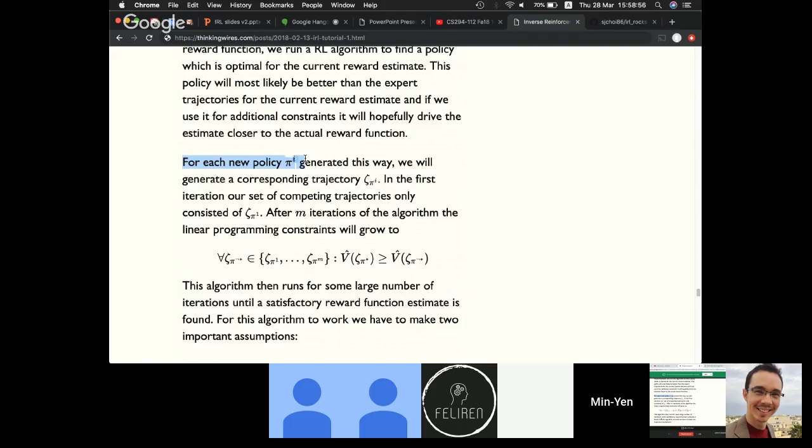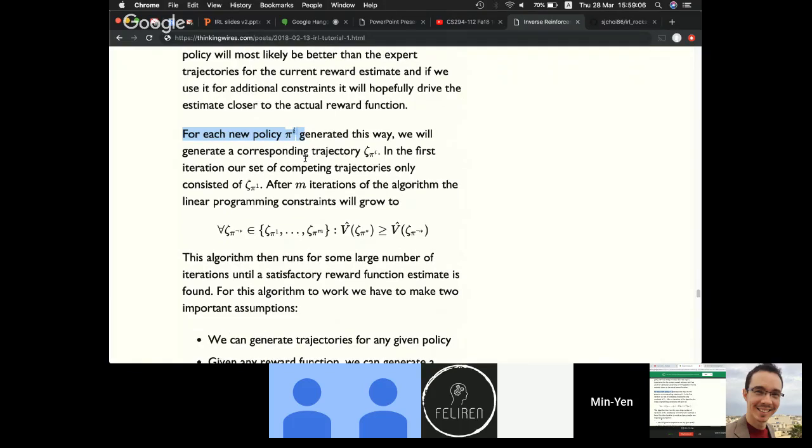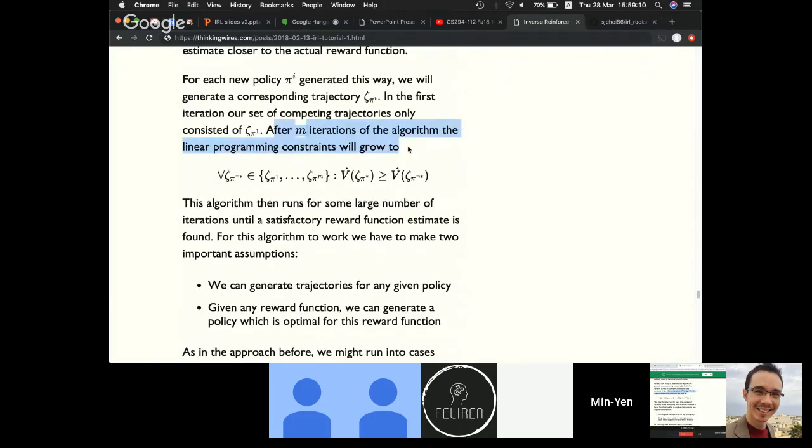When there's no difference, then we've done our job perfectly. If there's a difference, then there's a gradient, and I can optimize to get a better estimate of my reward. After m iterations of the algorithm, the linear programming constraints will grow to something like that. And this algorithm runs for some large number of iterations until a satisfactory reward estimate is found.